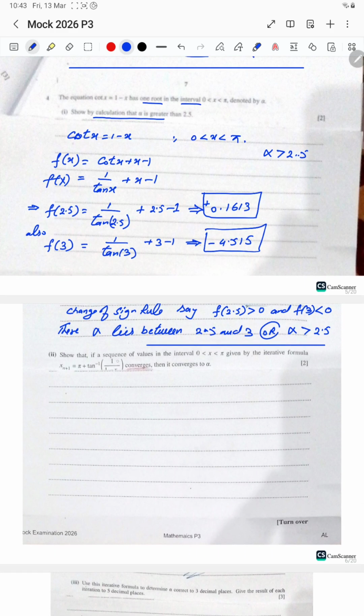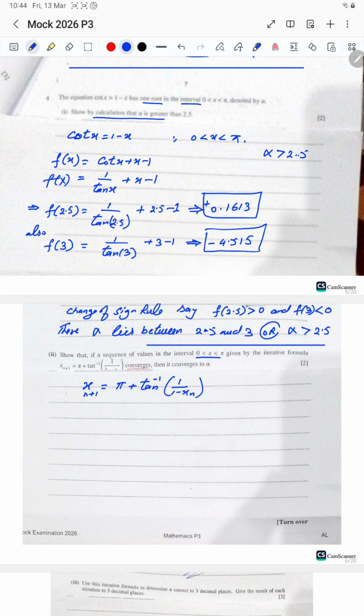Show that if a sequence of values in the interval, the same question, 0 to pi, given by the iterative formula x subscript n plus 1 is equal to pi plus tan inverse of 1 over 1 minus x subscript n, converges, then it converges to alpha.